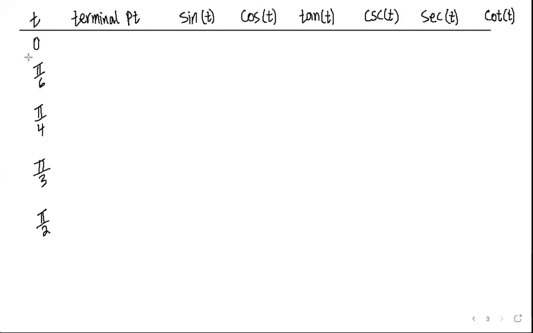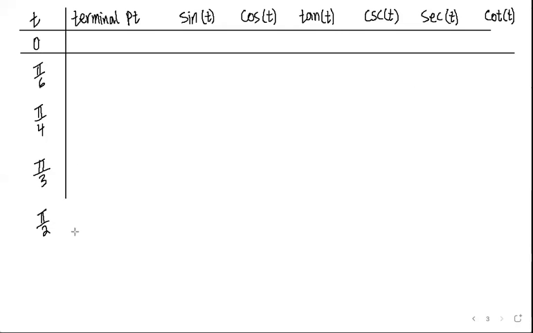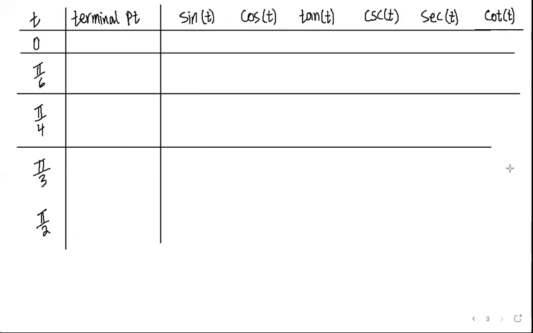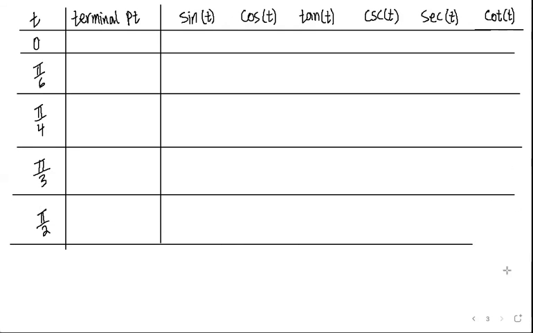I need to find the terminal point. I gave it last time. Just please memorize, remember from last time. Now, what is the terminal point for 0, when t is 0, from last time? When the distance is 0, it's 1, 0.